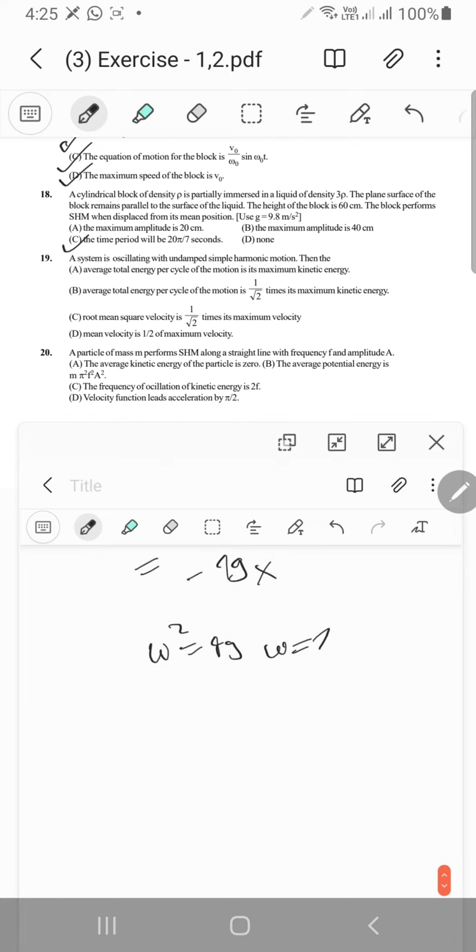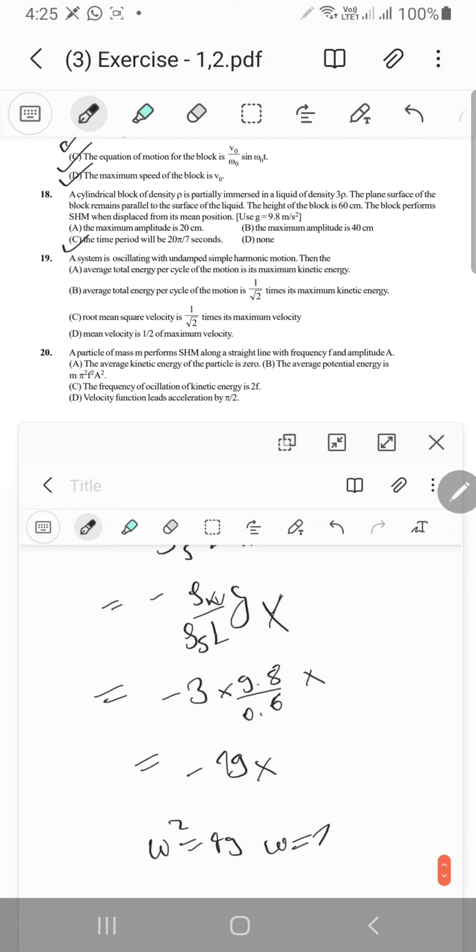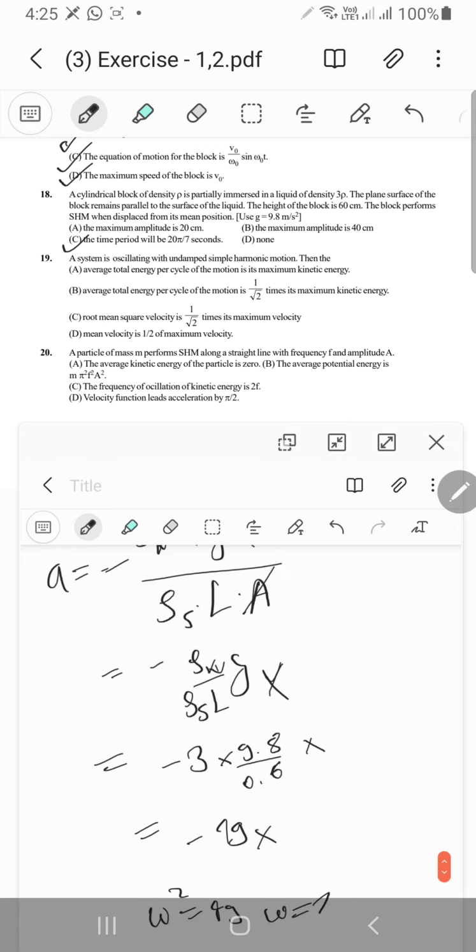The maximum amplitude is 20 centimeters. Wait, how? The height of the block is 60 centimeters. Well, why would we know what the maximum amplitude is?